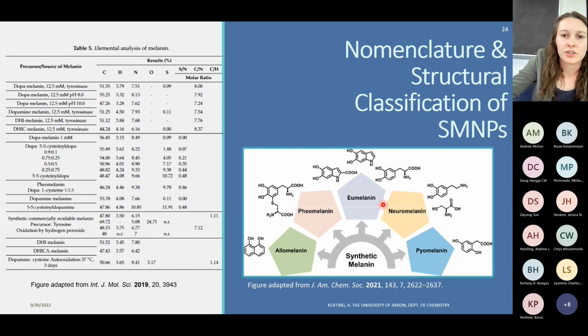Those, plus additional dopamine and cysteine species, have been classified as different backbones of melanin. Studies have looked at the overall relative elemental abundance of these species and shown carbon, hydrogen, nitrogen, and sometimes sulfur containing species, as well as minimal oxygen in some of these.